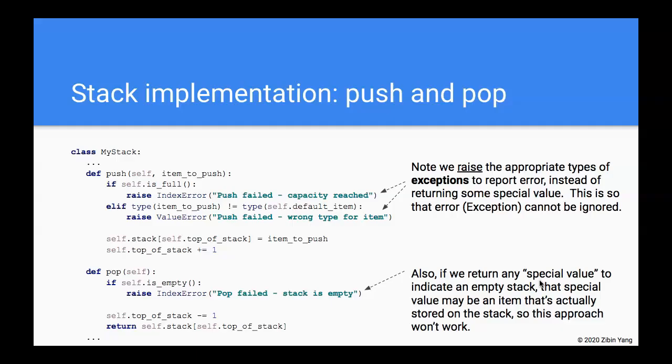In that case, the client code really doesn't know that None means the stack is empty, right? So it's always good to raise an exception to report an error rather than returning something to report an error. So that's what we're going to be doing throughout this class.